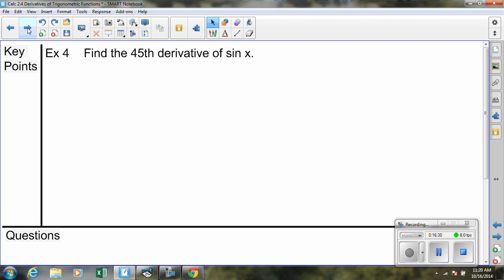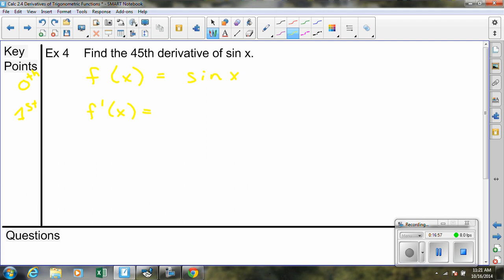Here, find the 45th derivative of sine of x. So yeah, 45 derivatives. So we have f of x, which we will note is the 0th derivative. That's sine of x. F prime, the 1st derivative.